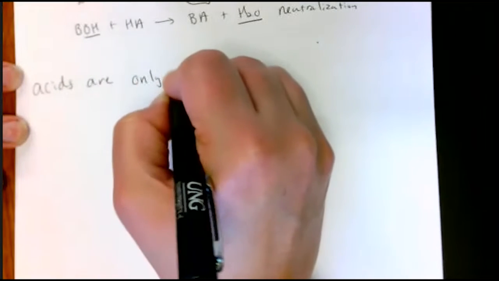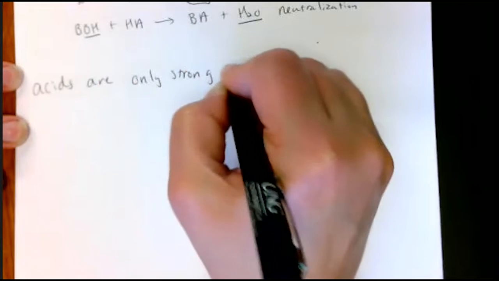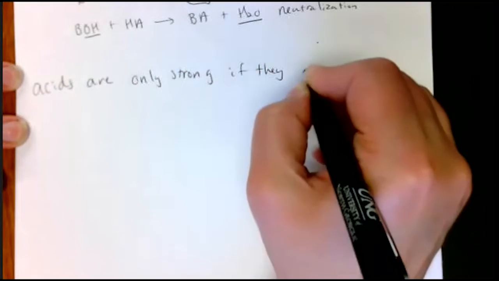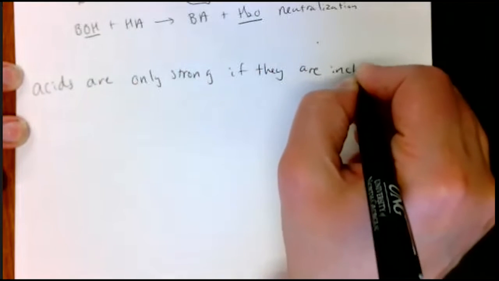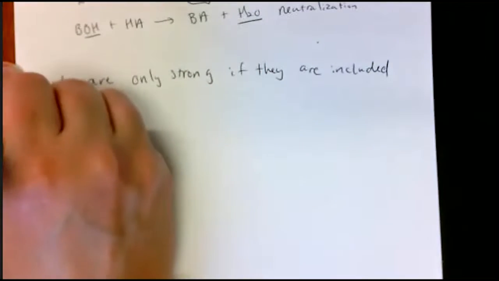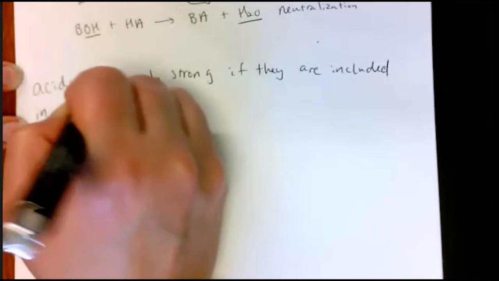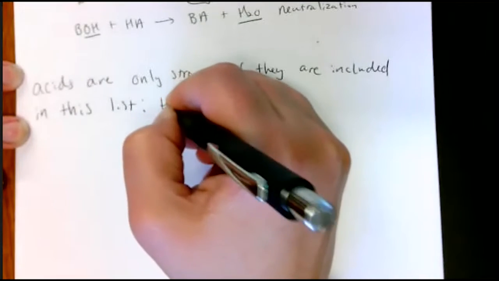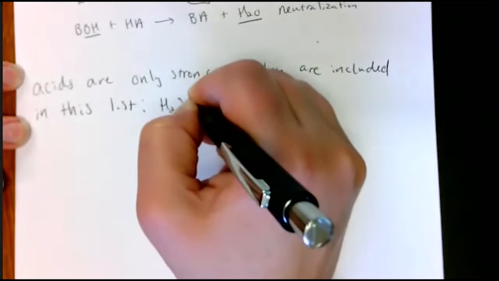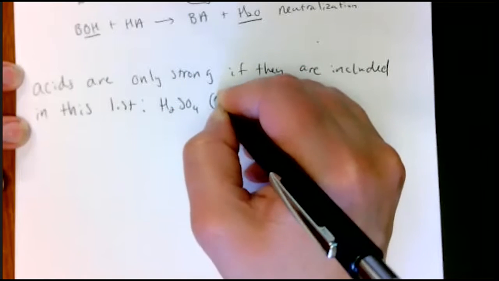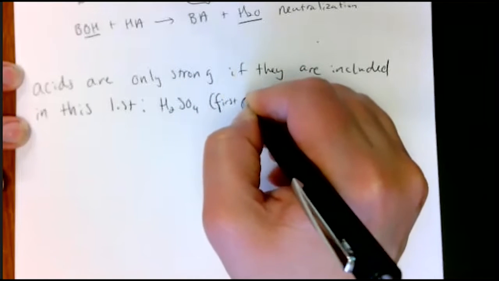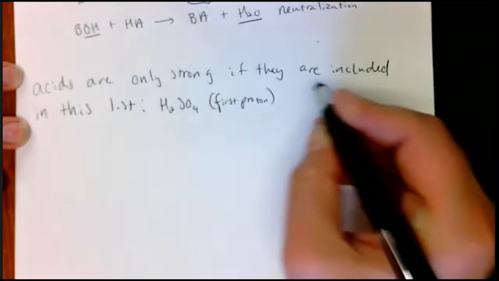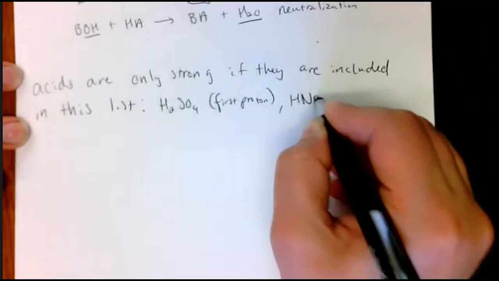So for acids, they are only strong if they are included in this list. H2SO4, the first proton. HNO3.